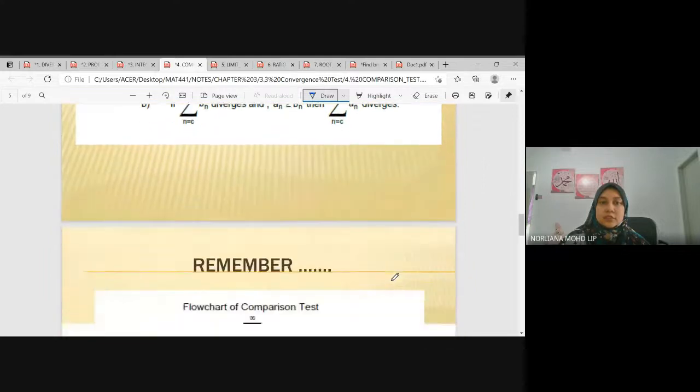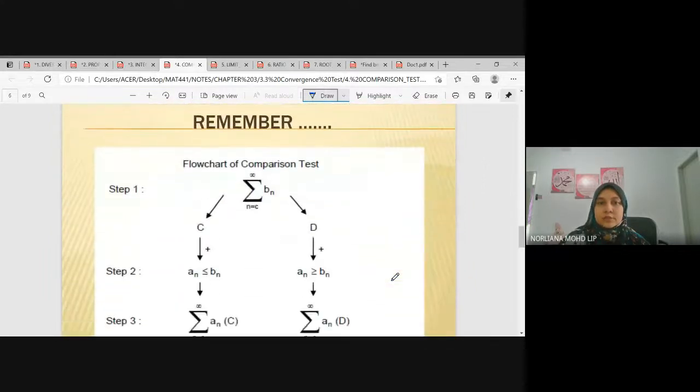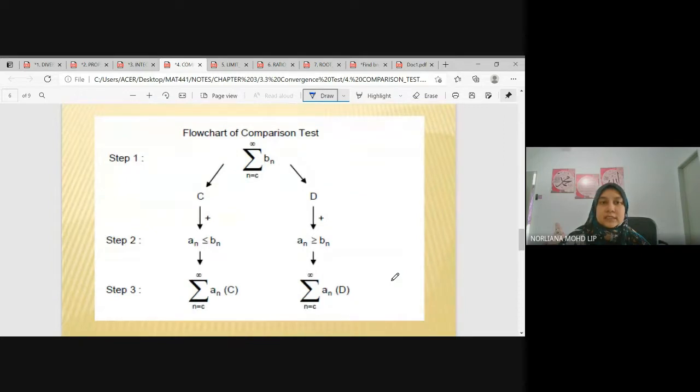So let's look at the flow chart for the comparison test. In step 1, you need to identify Bn.